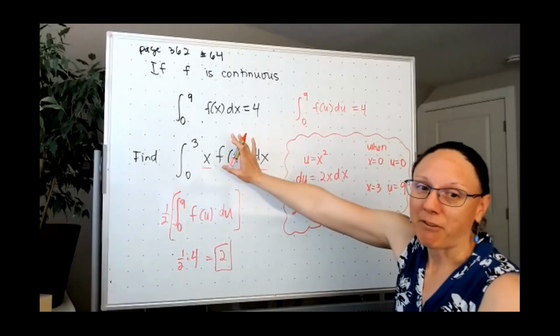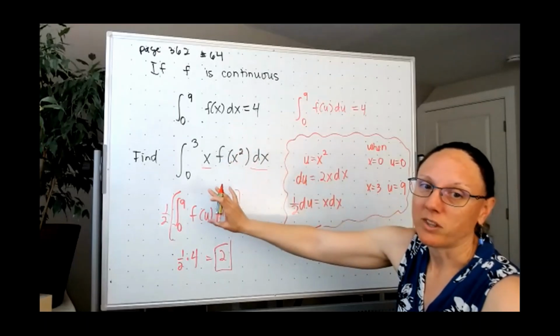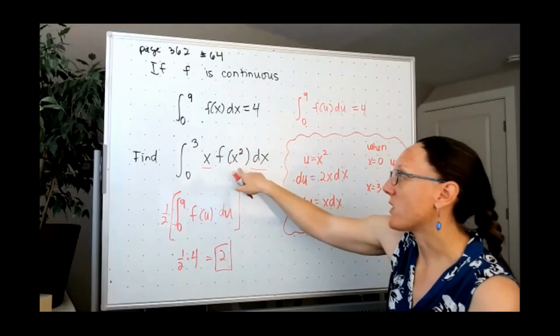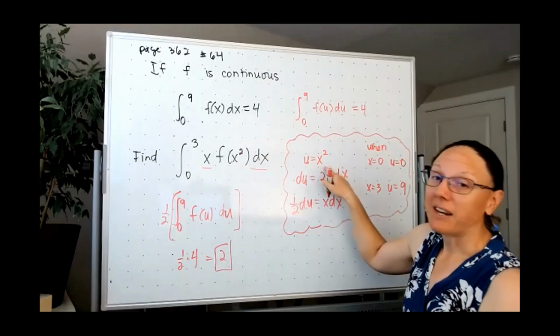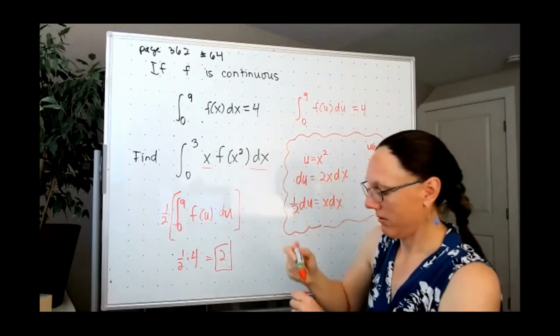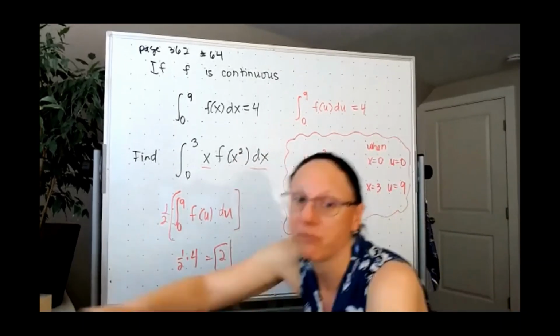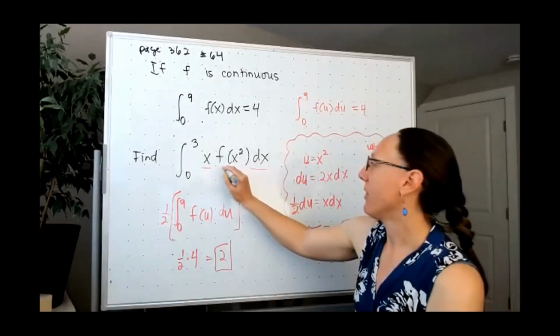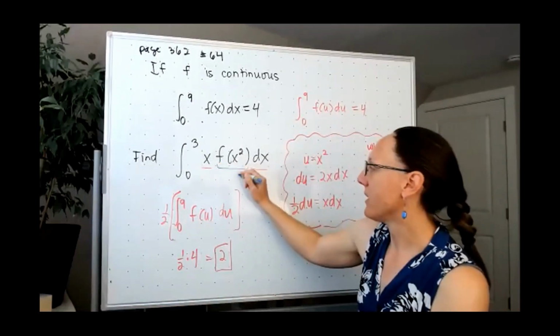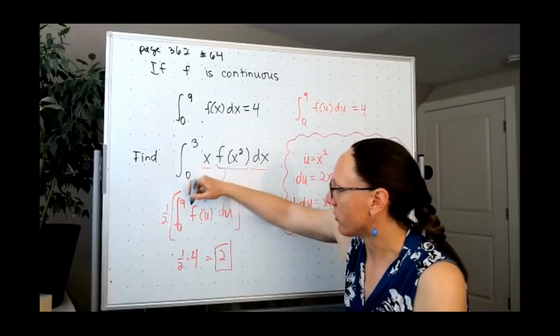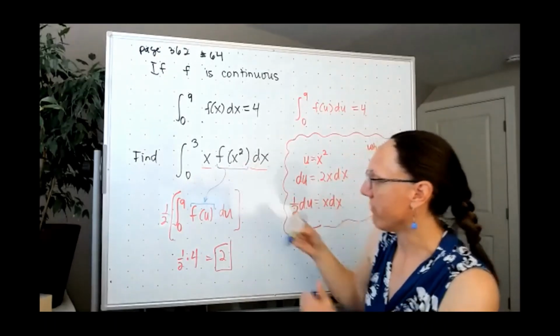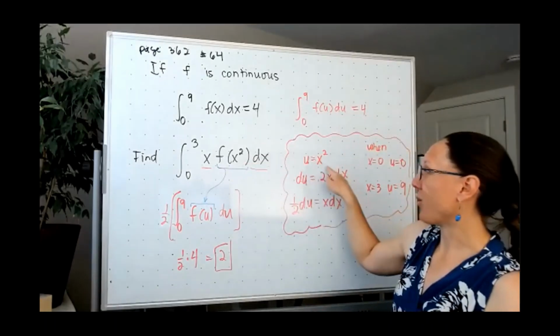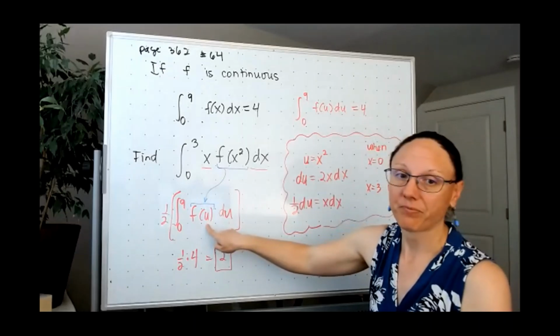I have to translate everything in this problem into something with u's. So the f of x squared, since I made x squared u, turns into f of u because x squared gets replaced with u.